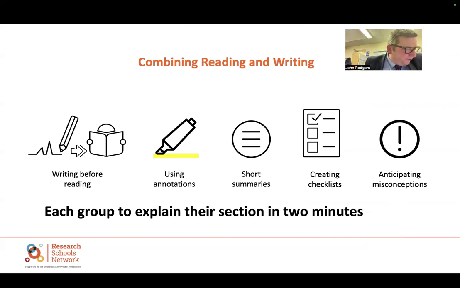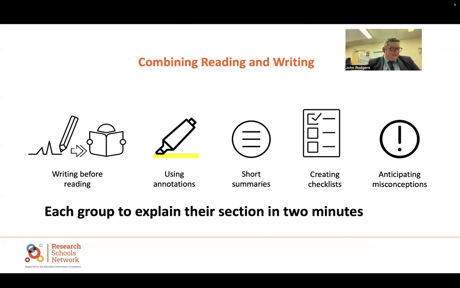So writing before reading is perhaps getting students to bullet point what they currently know about a particular topic, or generate questions that they might be asking later after they've read something. So they're doing a bit of writing before they read a particular text. That might be one way. Using annotations. A lot of schools talk about annotating exam questions, for example. I'm sure annotation is massive in English across poems and texts like that.